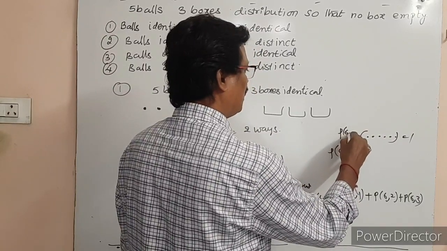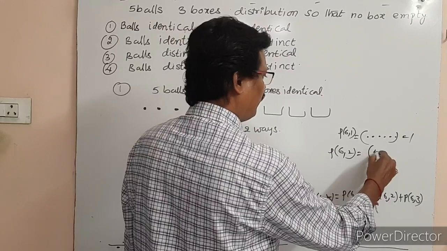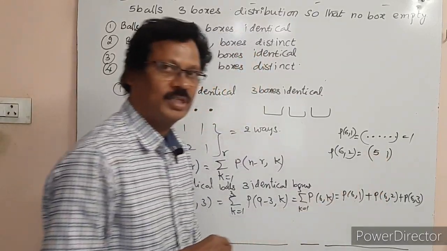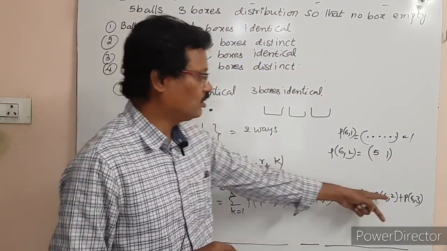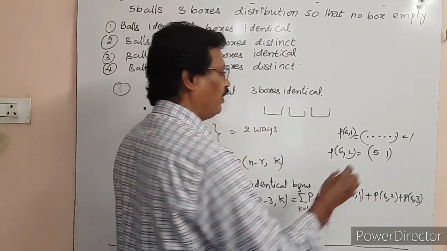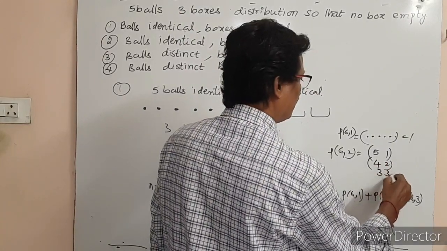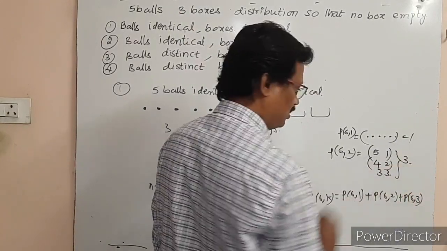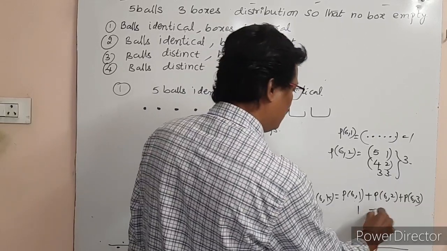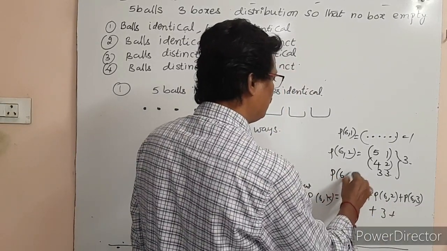This is 6 comma 1. 6 comma 2, how? 5, 1, 4, 2, 3, 3. No box is empty. Therefore 3 ways.